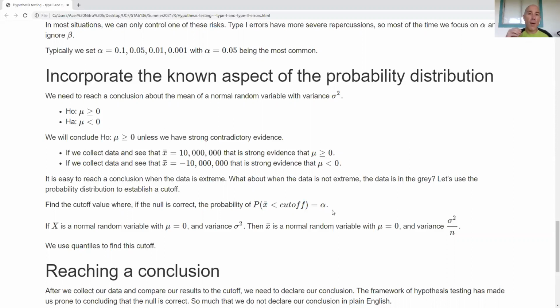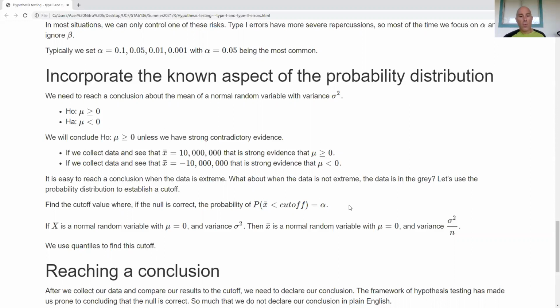Remember, if I don't have extreme evidence, I go with the null hypothesis. If I see something extreme, I go away from the null in favor of the alternative. And how extreme is extreme? We're using our risk tolerance to establish that cutoff.